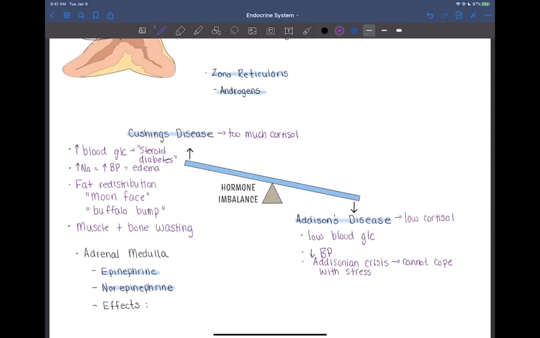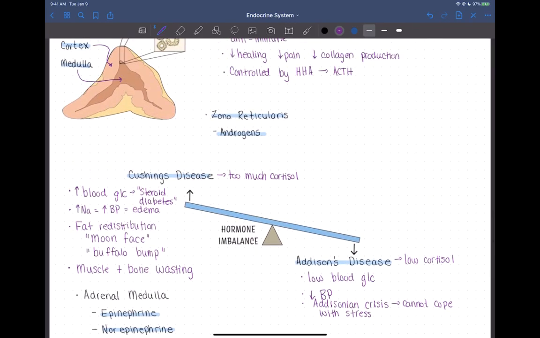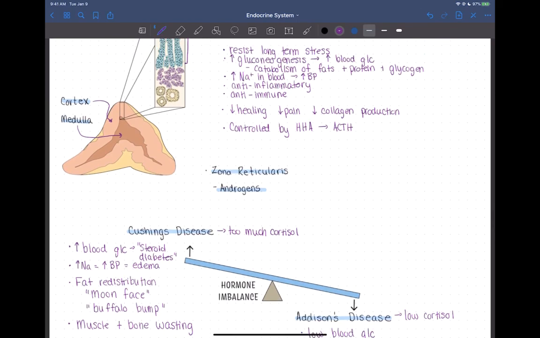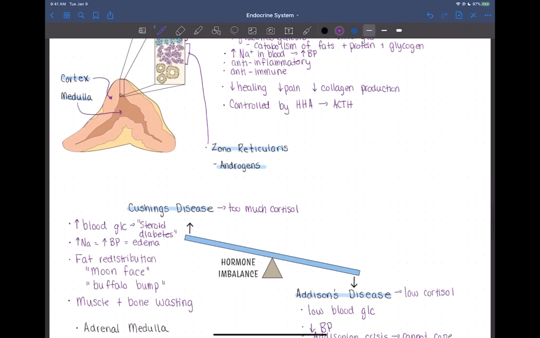All right, and then we just have our last kind of layer of our adrenal cortex here. That is the zona reticularis. All right, and so the zona reticularis is going to be responsible for the production of androgens. All right.